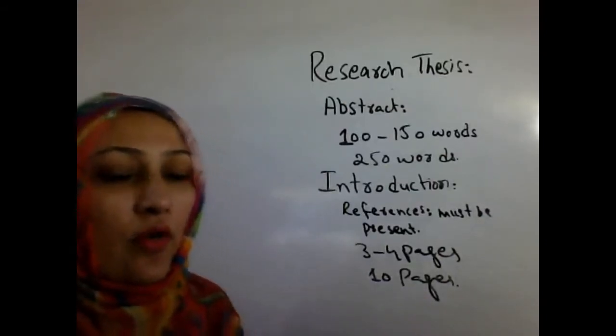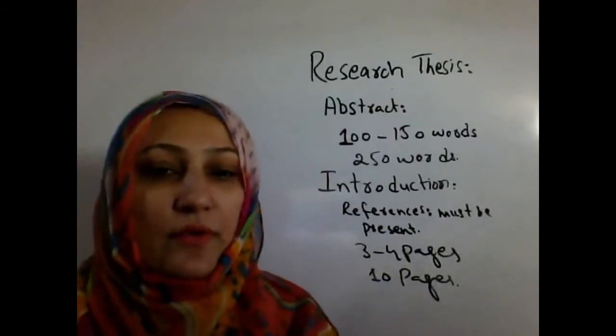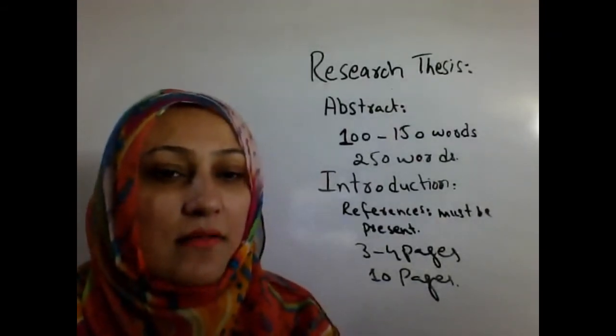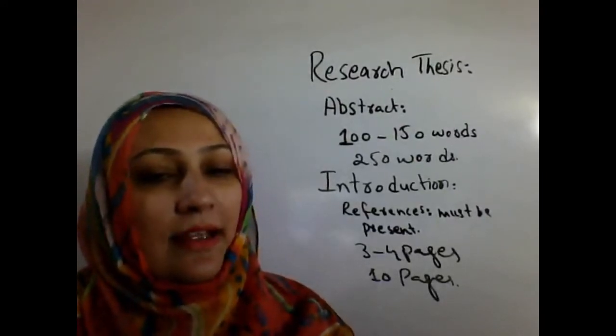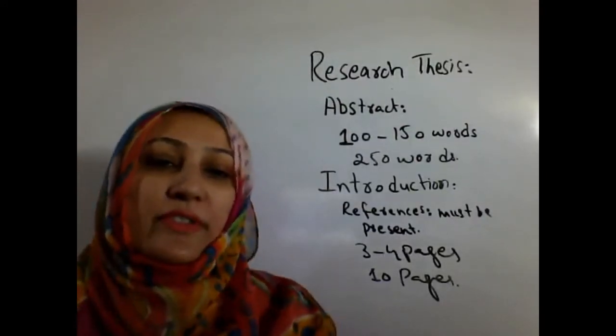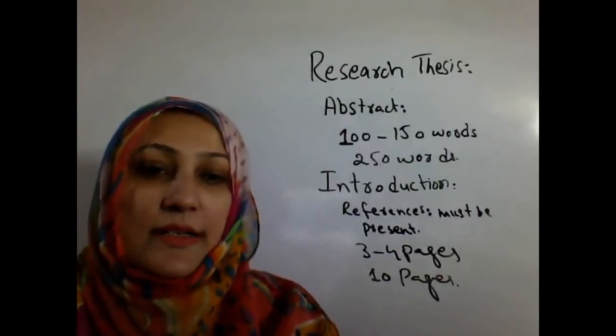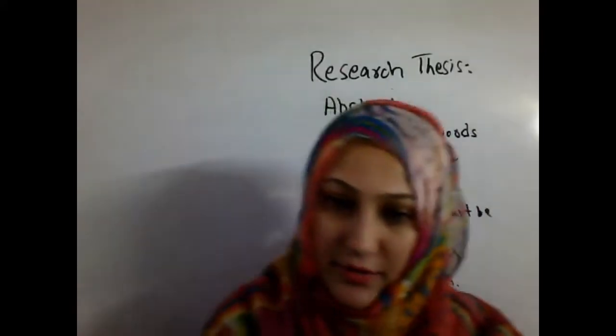In 3 to 4 pages up to 10 pages, you have to cover all the related matter of your study which impressed you to choose that topic to be studied in your research project.